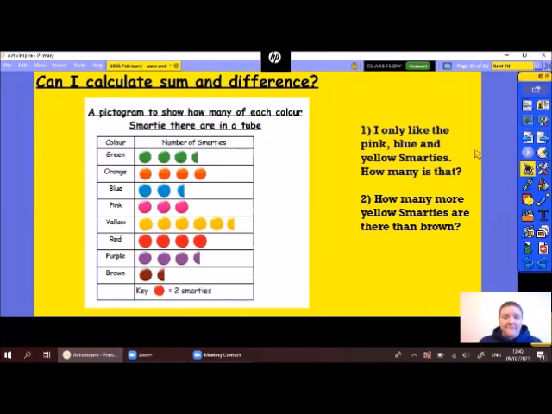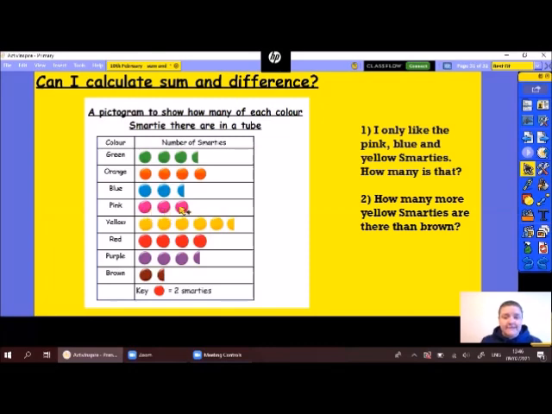Right, let's see how we've done. Question 1 says, I only like the pink, blue and yellow Smarties. Very fussy. How many is that? So let's go to pink, blue and yellow, and we're going to need to find the sum of those. We're going to need to add them together. So pink Smarties, now remember each picture is 2, so that's 2, 4, 6.